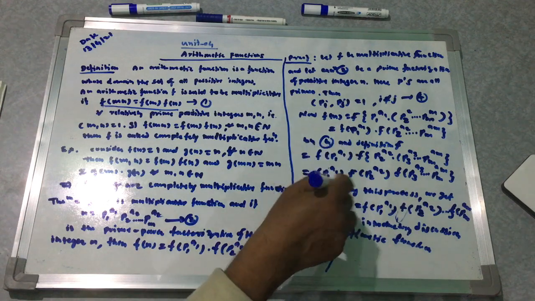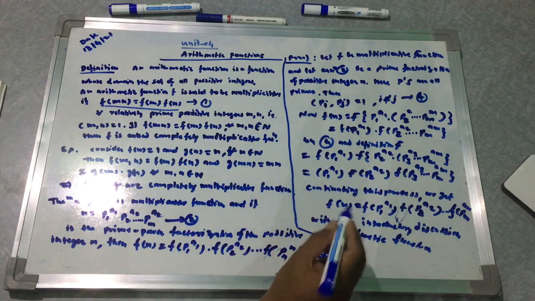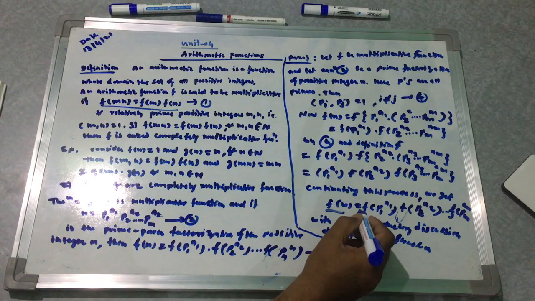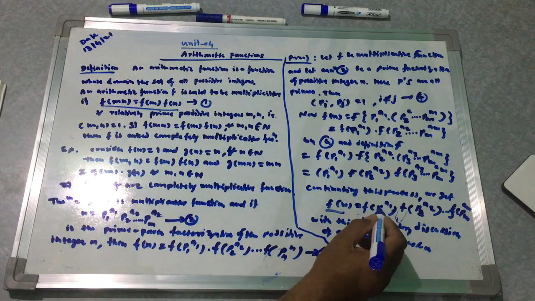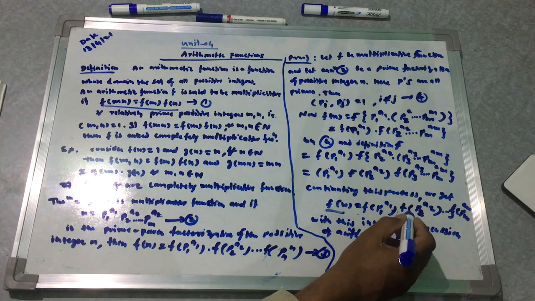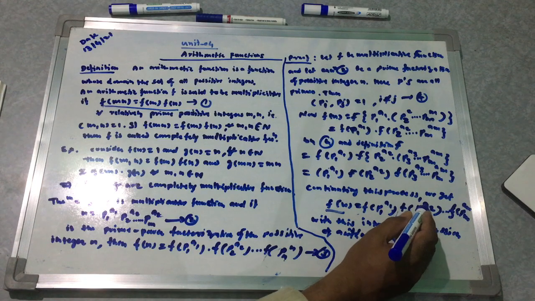In this manner, continuing this process, we get f of n is equal to f of p1 to the power a1, f of p2 to the power a2, up to f of pm to the power am.